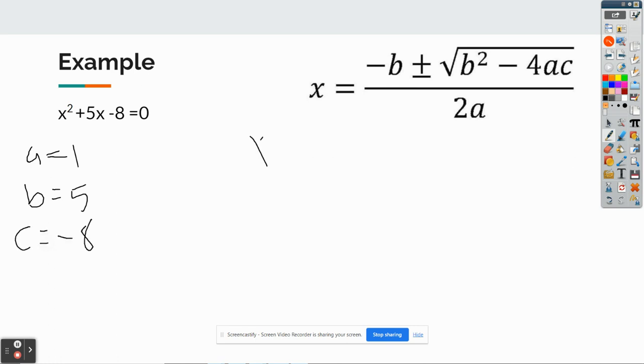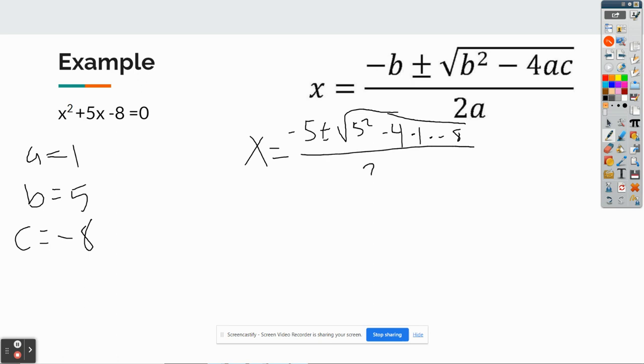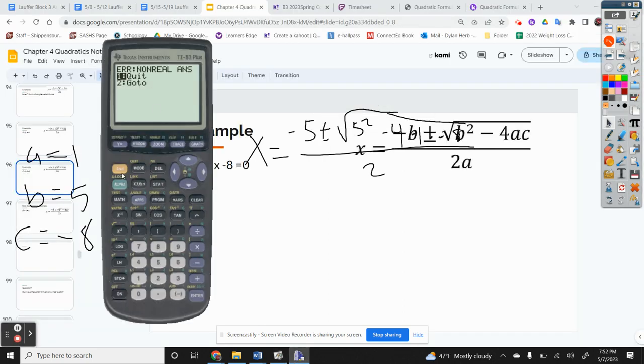All right, so plug them into our formula. Negative b is negative 5 plus or minus the square root of b squared minus 4 times a times c all over 2 times a. All right, so then go to the calculator. Write everything underneath the square root here.